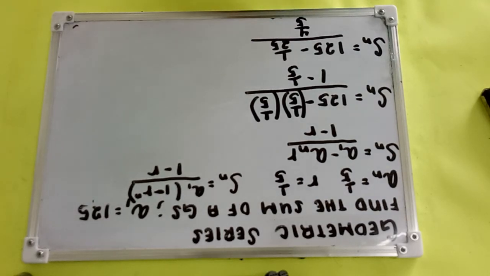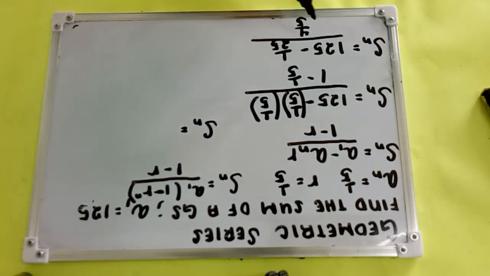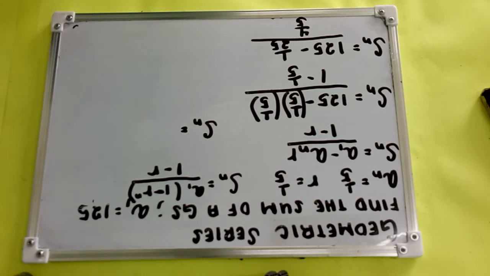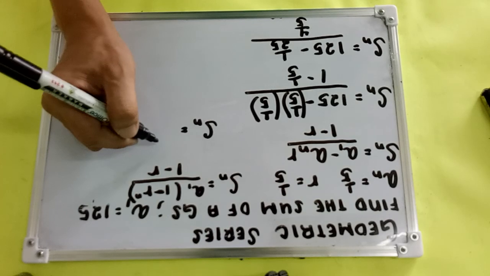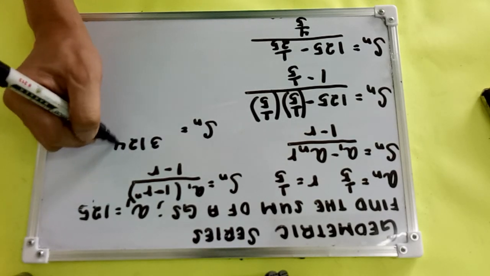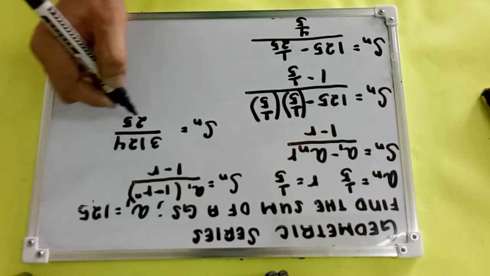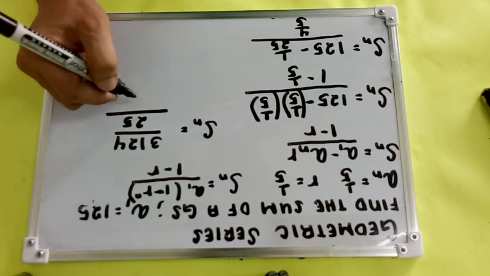So, ito na tayo ngayon. Next, S sub n. If we subtract 125 minus 1 over 25, so you will get 3,124 over 25. And then, over ulit siya.